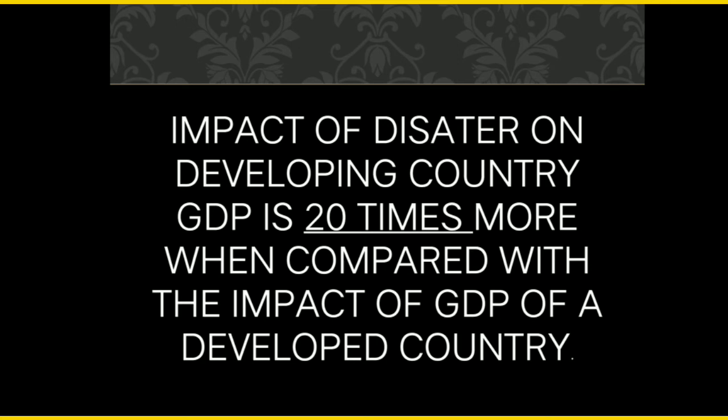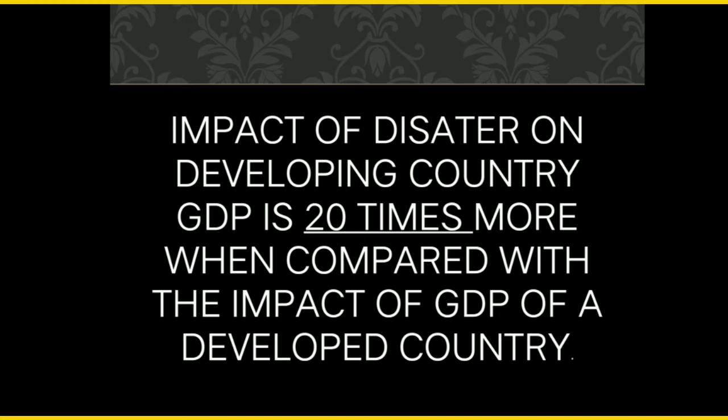So suppose we consider a developing nation: if a disaster occurs in this developing nation, the impact will be 20 times more when compared to a developed, industrialized nation like the USA. If any disaster happens in the USA, there is not much loss for the economy.